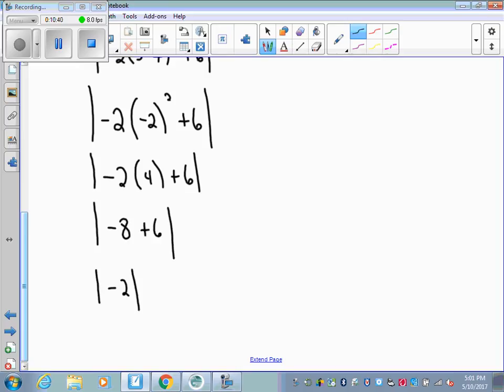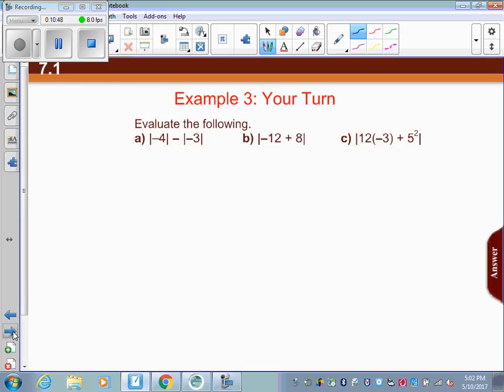And now my final answer will be just plain old 2, because they want the absolute value of that answer. Okay? And you can try that one on your own. And there's the answer.